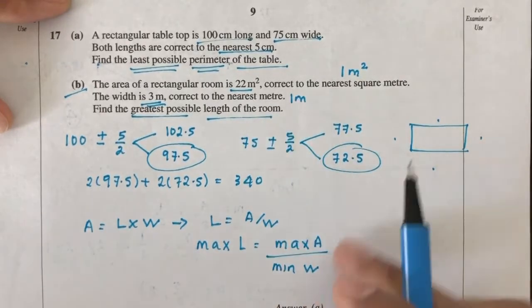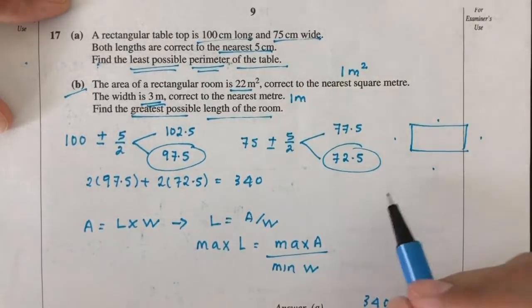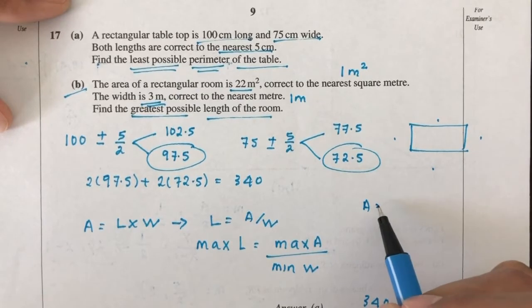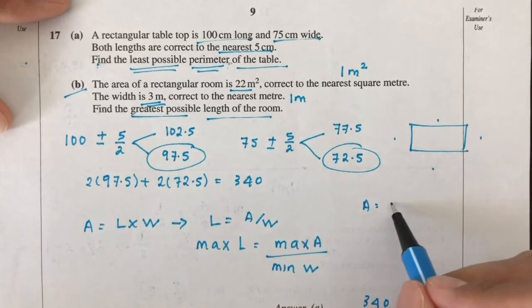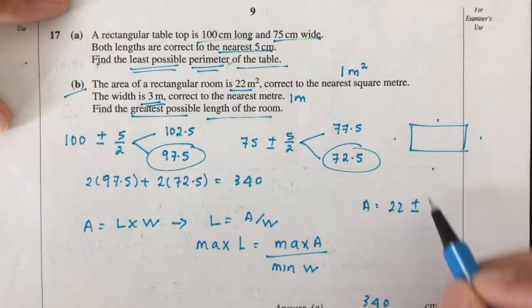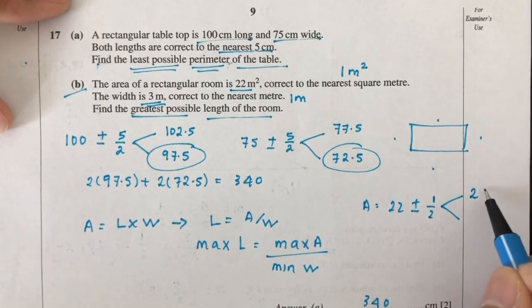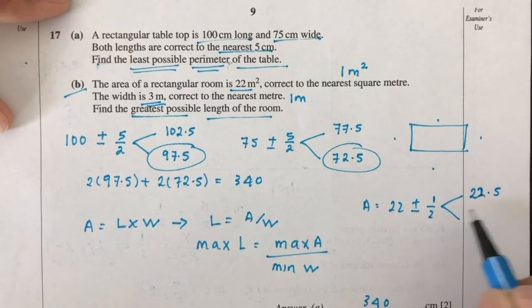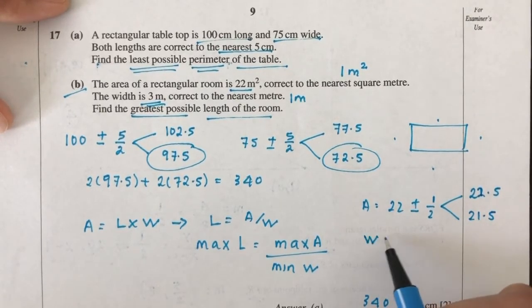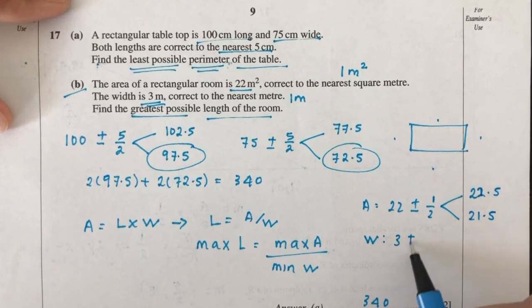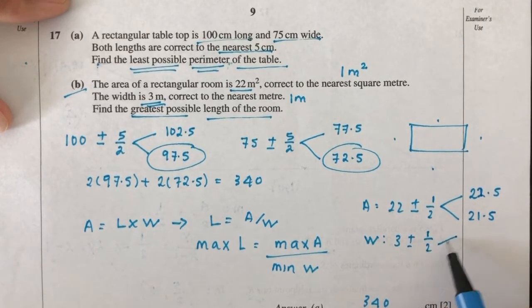So now we have to find the range of those two values. So for area, it is actually 22 plus minus 1 over 2. That will be 22.5 for plus and 21.5 for minus. Now for the width, it is actually 3 plus minus 1 over 2 for the error.